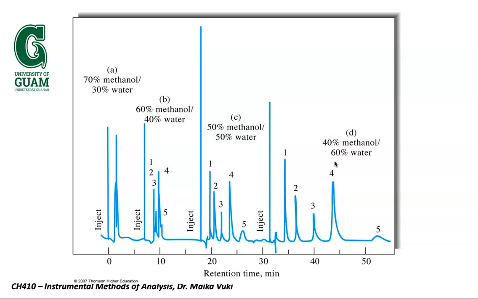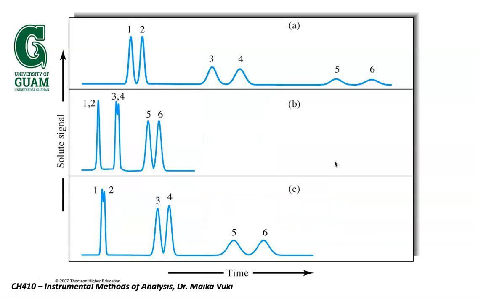So in liquid chromatography this is done by different proportions of the solvents, and it is achieved in a similar way in gas chromatography, but there it is done by temperature programming. Here are 3 different temperature programs using gas chromatography. You can see the resolution is a lot better in that first run.